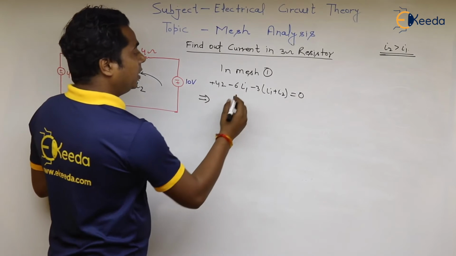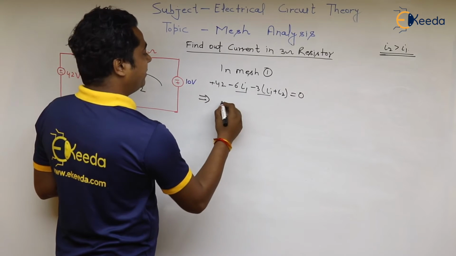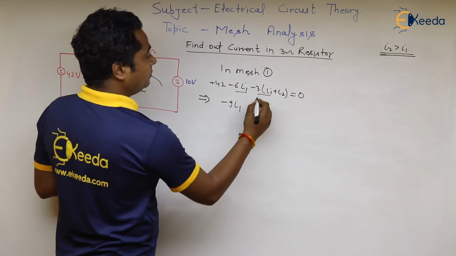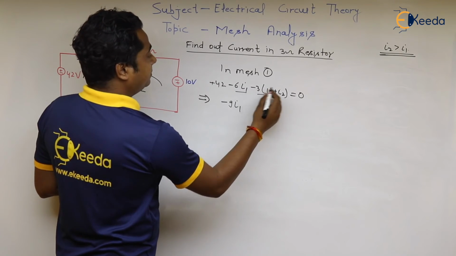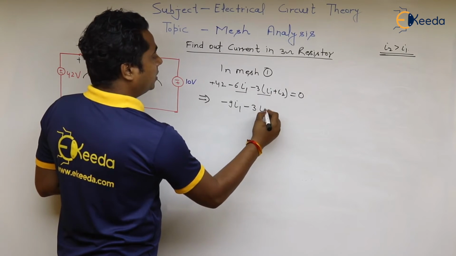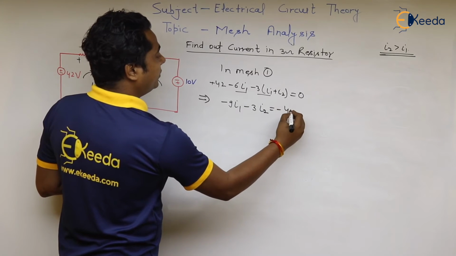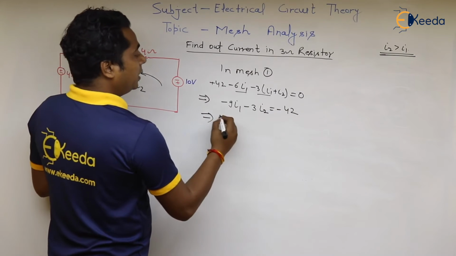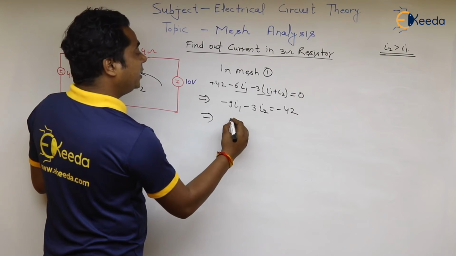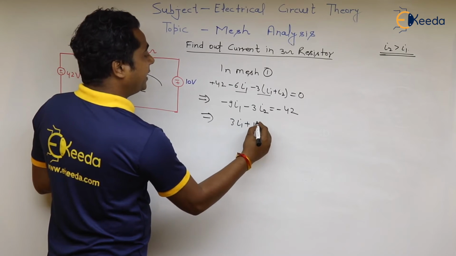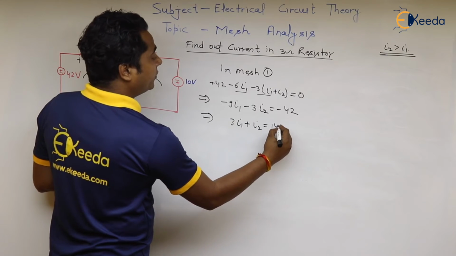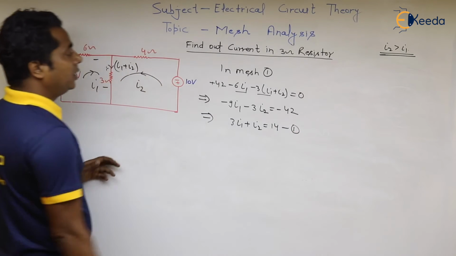We can write easily minus 6 I1 minus 3 I1, minus 9 I1, minus 3 I2 is equal to minus 42. Dividing by minus 3, 3 I1 plus I2 is equal to 14. This is equation number 2.